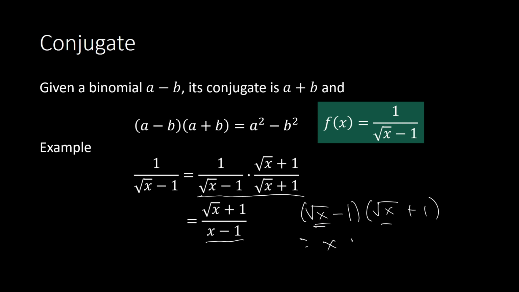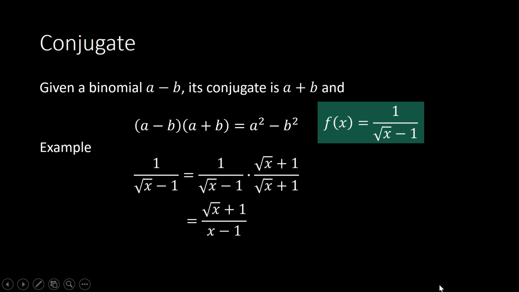Square root of x times 1 is square root of x, so this one is negative square root of x, and this one is negative 1. So again, the conjugate is going to help you when you are working with indeterminate forms. But this one will produce an expression such as this when what you have in your denominator is a radical function, which is a square root.